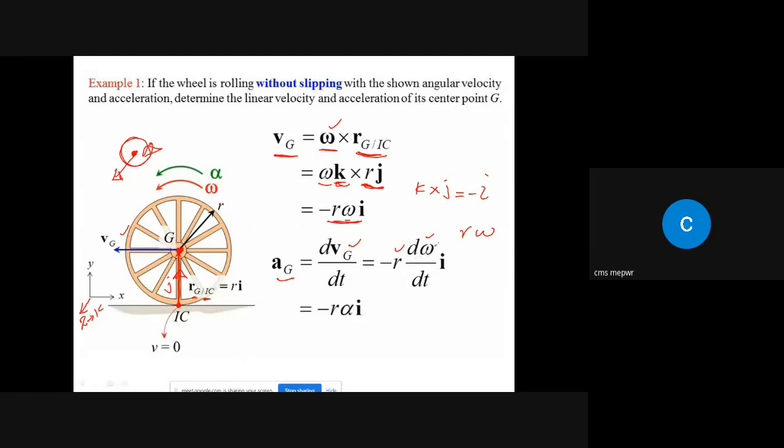So instead of this we put alpha, and we get minus r alpha i. So this is the linear velocity, and this is the linear acceleration of point G.